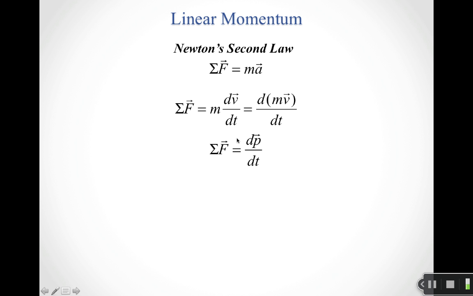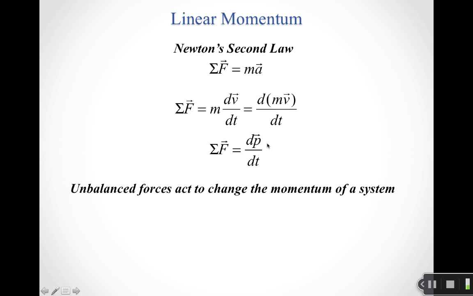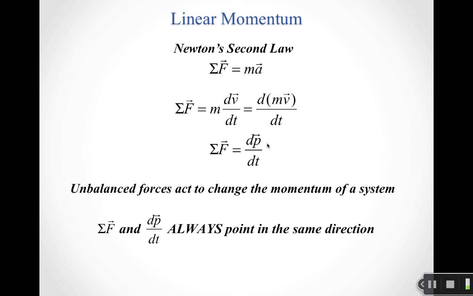So this is Newton's second law as Newton would have thought of it, which is that the net force acting on your system is equal to the time rate of change of the momentum. And what this tells us fundamentally is that unbalanced forces act to change the momentum of a system. That's what the net external force does if it's not equal to 0.